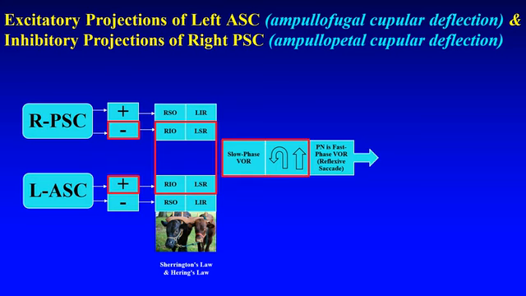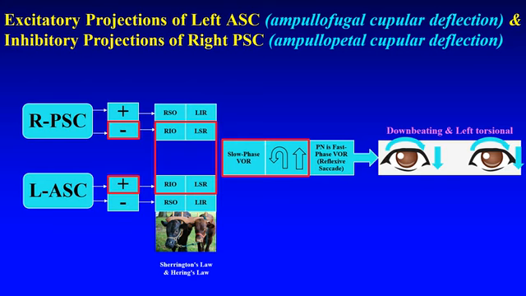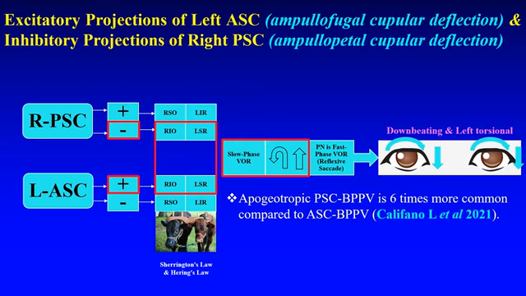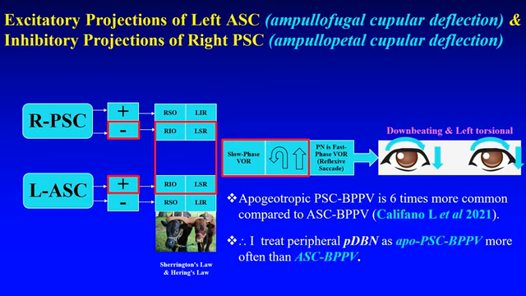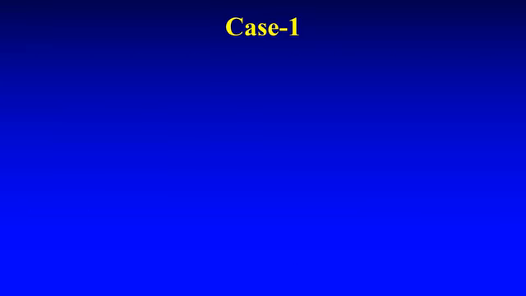The peripheral positional nystagmus, which is a fast phase or a reflexive saccade, is therefore downbeating and left torsional, whether it is left anterior semicircular canal BPPV or an apogeotropic posterior canal BPPV. Because apogeotropic posterior semicircular canal BPPV is 6 times more common than anterior canal BPPV, I therefore treat peripheral positional downbeat nystagmus as apogeotropic posterior semicircular canal BPPV more often than anterior semicircular canal BPPV. So with this I start my first case.